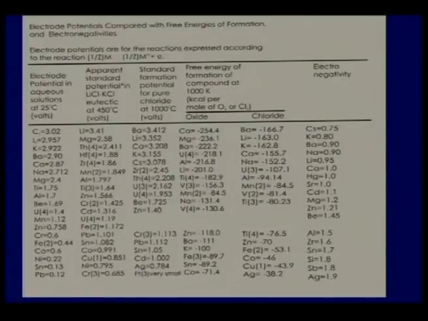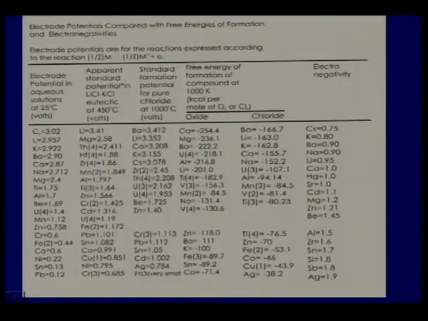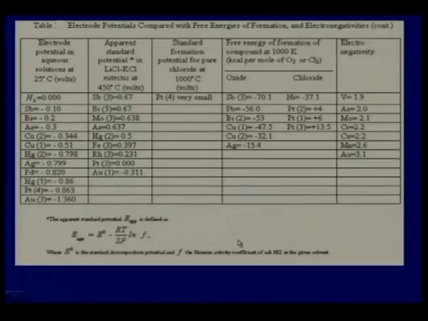Electrode potentials are the potential that is created between metal and metal ions in an aqueous media, and it is quoted with reference to the electrode potential between hydrogen ions. Now, the hydrogen electrode potential at 25 degrees is defined as 0.